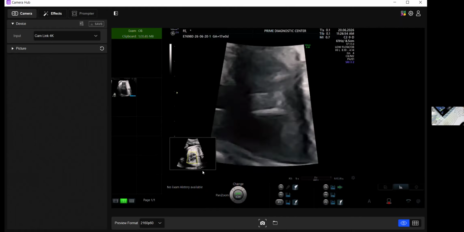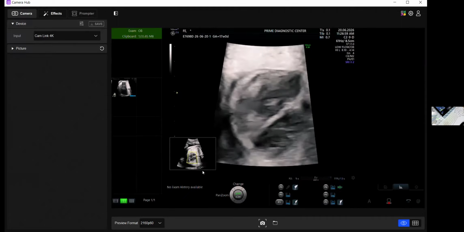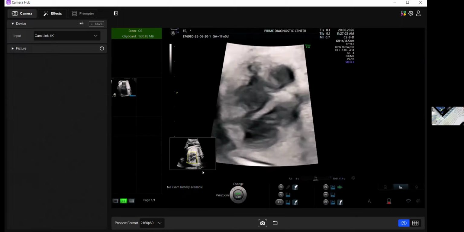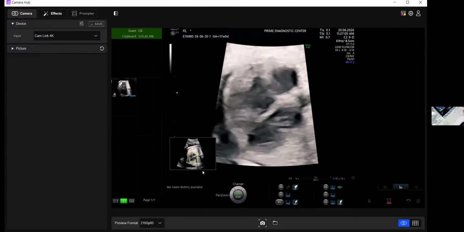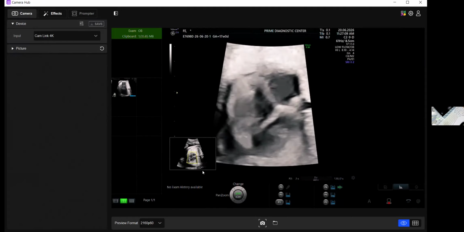Not so nice, but I'm just waiting for a slightly better view. Anyway, let me try it here and then show you.